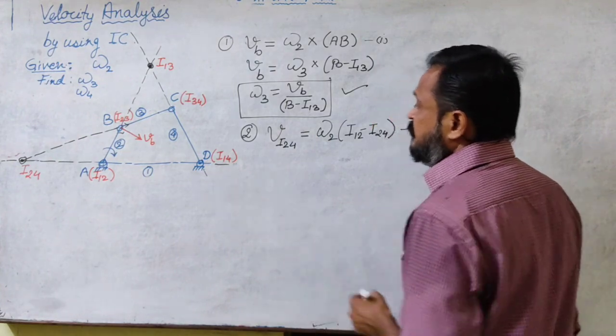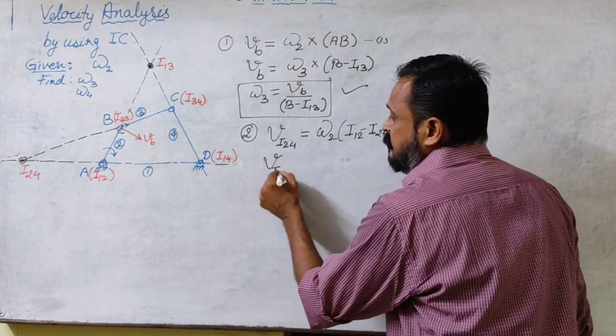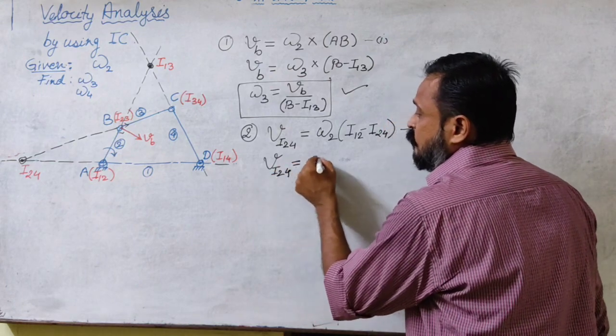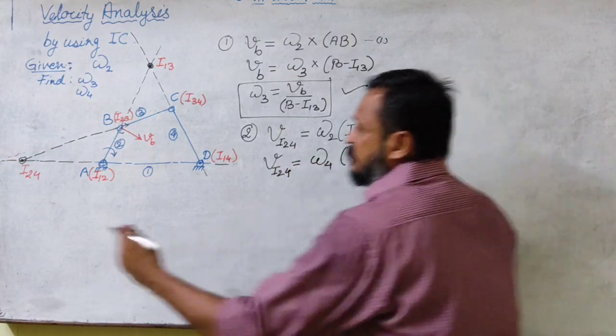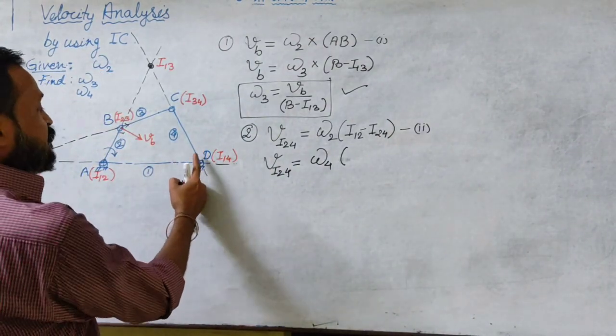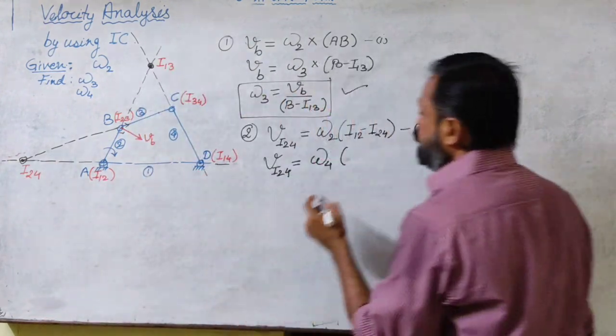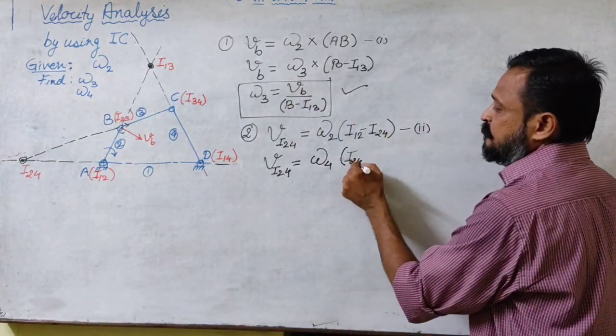So we can say the velocity of I24 will be omega 4 into its distance from link number 4, I24 I14.